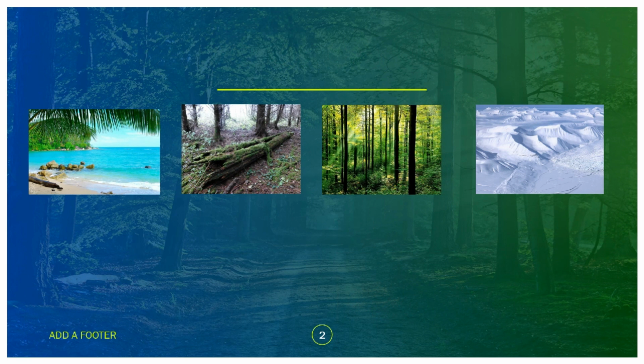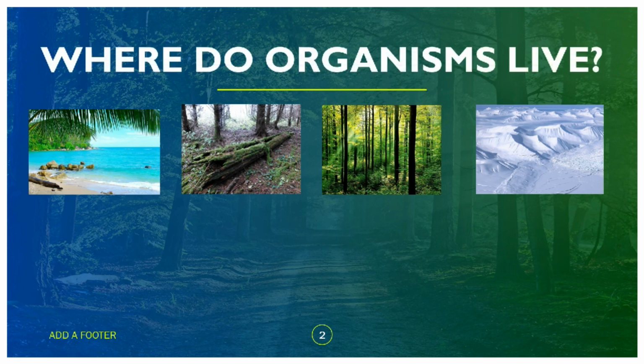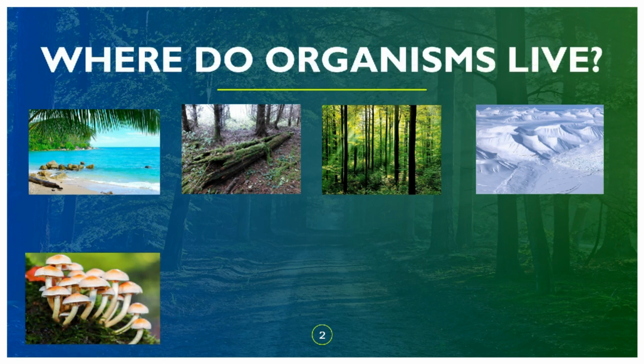Okay, so we have the habitats: the beach, the log, the forest, and the Arctic. So where do organisms live? First, we have the mushroom. Where do you think mushrooms can live longer?